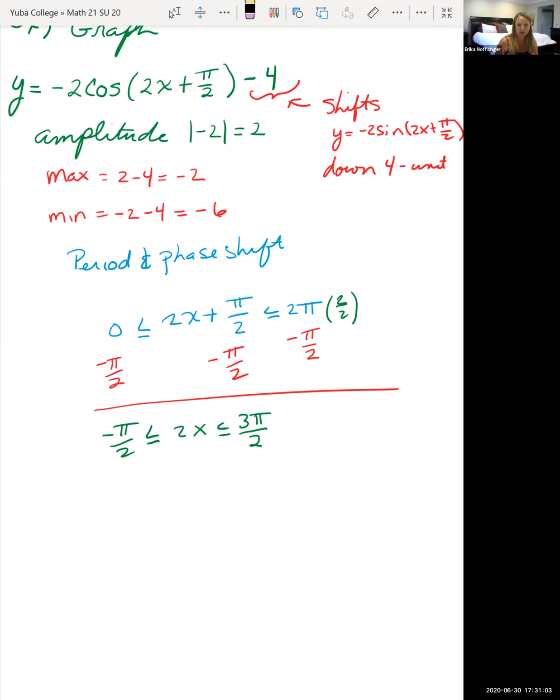So we need to get rid of the 2 in front of the x. We can think of it as dividing all terms by 2 or multiplying all terms by a half. So if we multiply everything through by a half, we get 1/2 times negative pi halves. Well, that gives us a negative pi fourths.